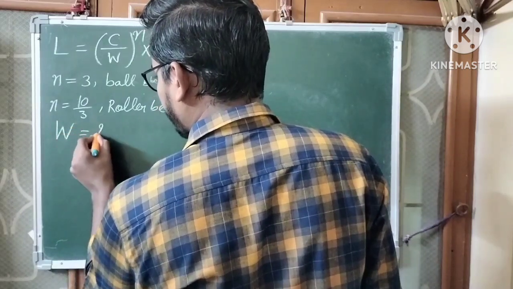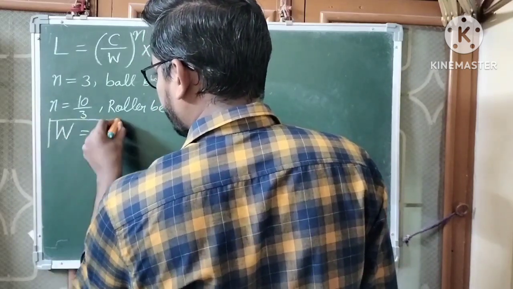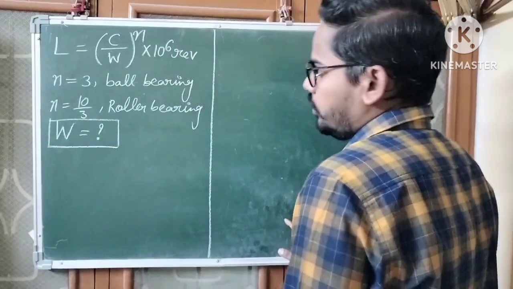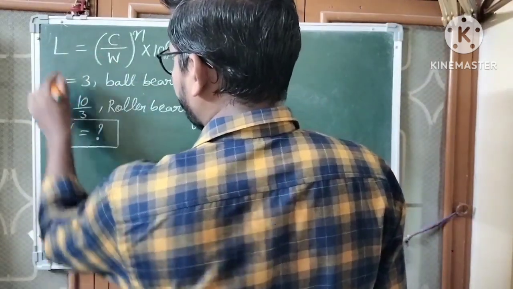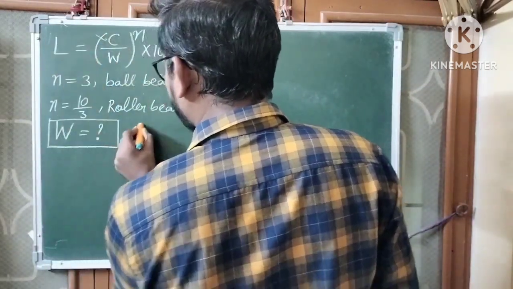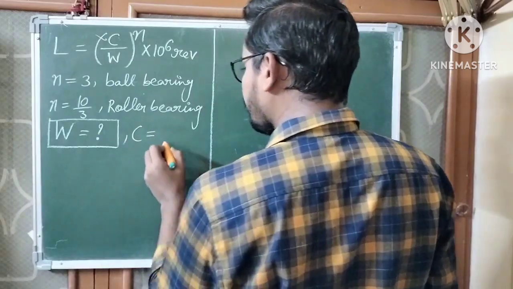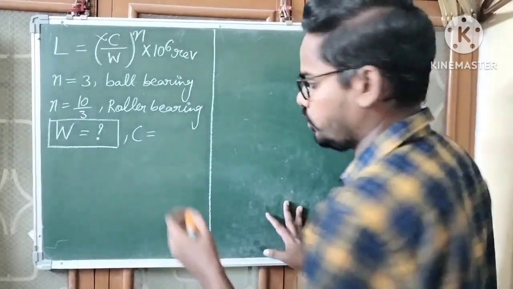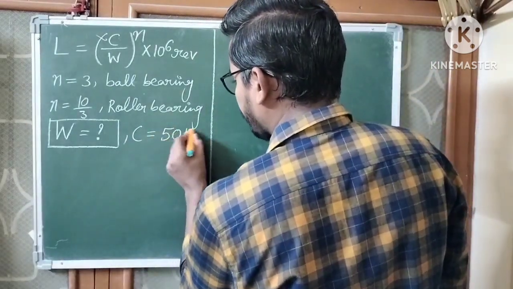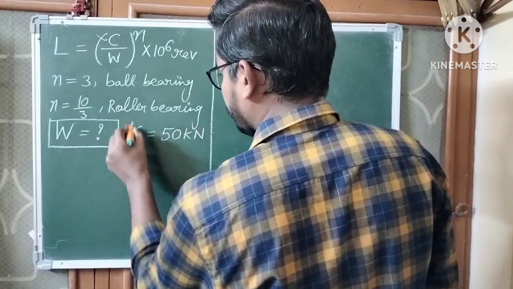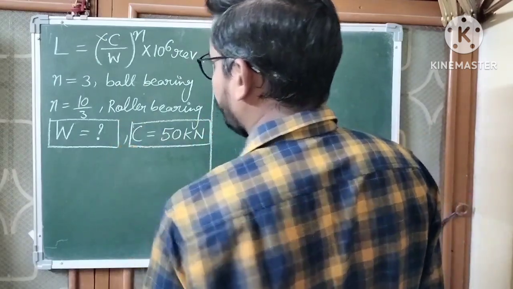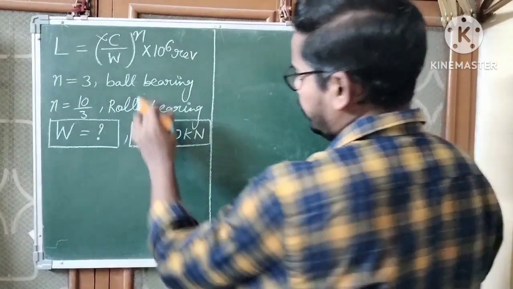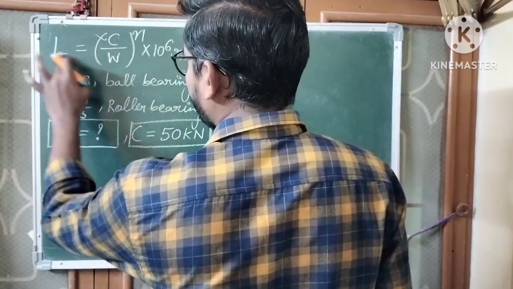Now we have to find the equivalent dynamic load. To find W, first of all, the C value is already given: 50 kilonewton, the basic dynamic load capacity.